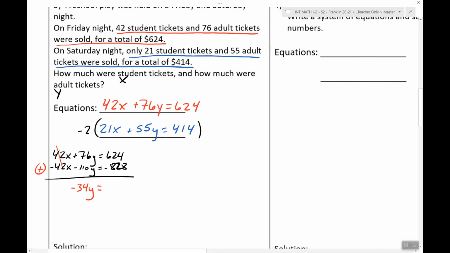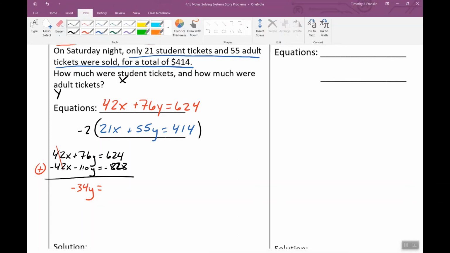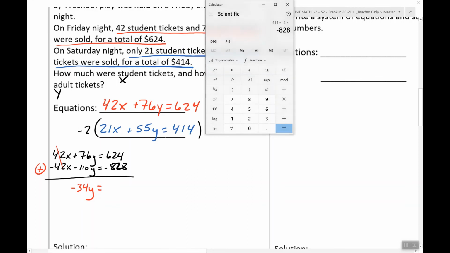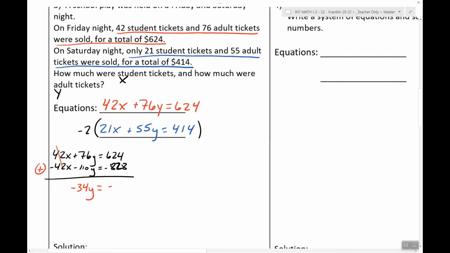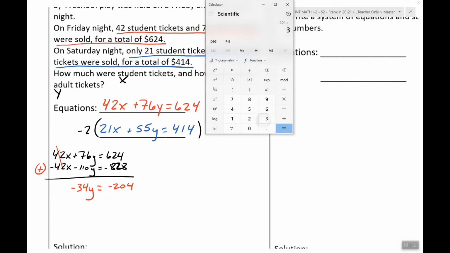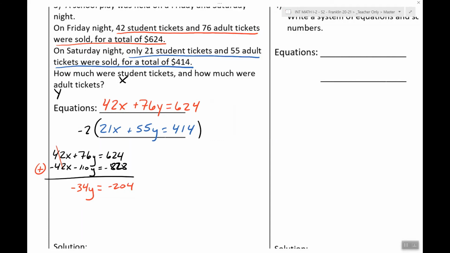Should be a 28. 624 plus -828 is -204, divided by -34 is 6. So we get y equals 6.